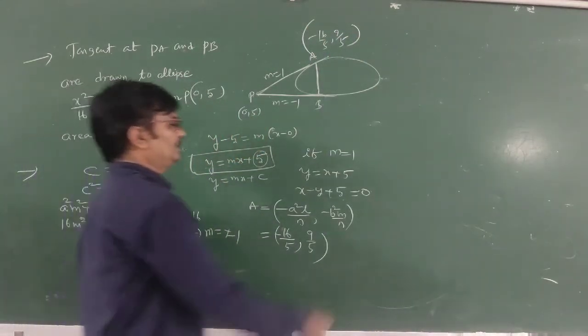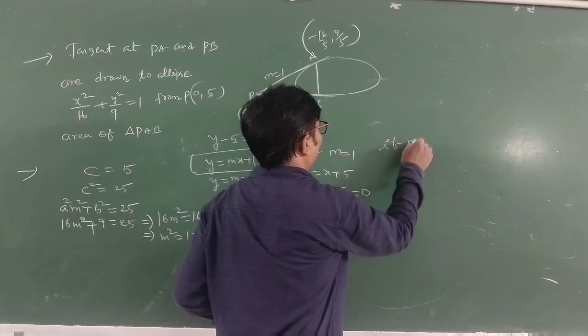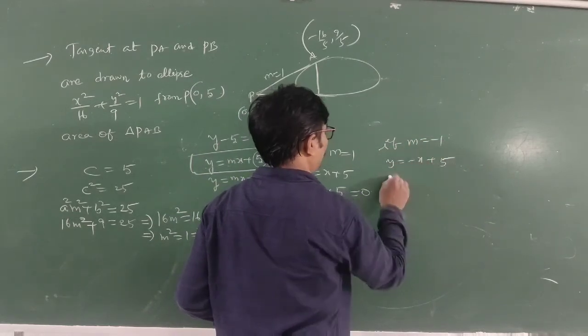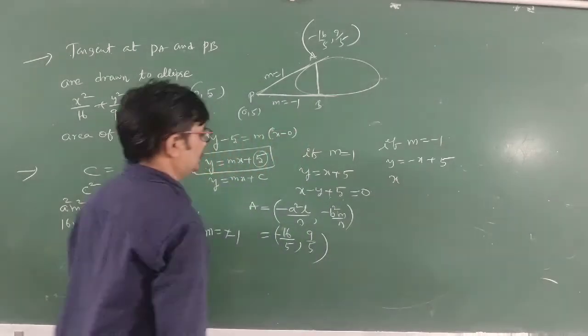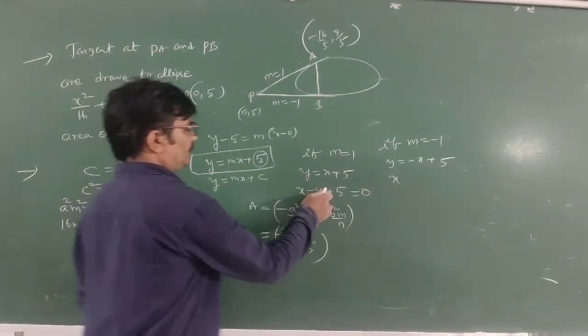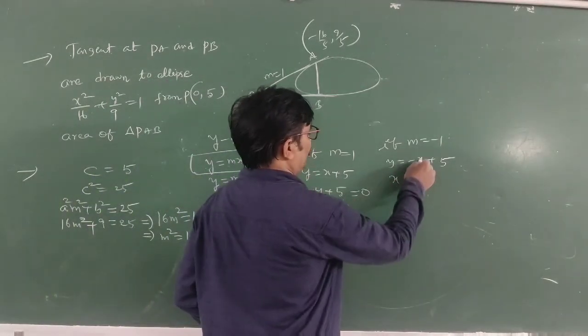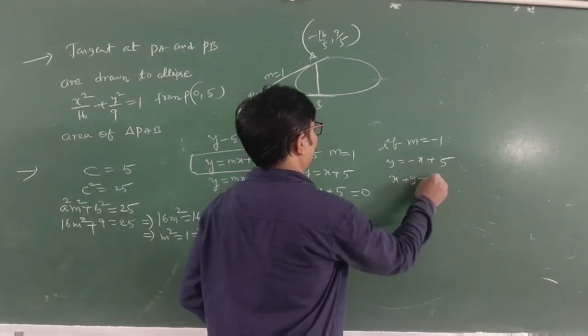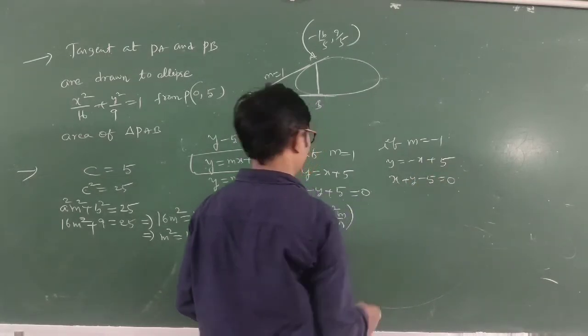Suppose we take m equals minus 1, that is y equals minus x plus 5. In this case we got x plus y minus 5 equals 0.